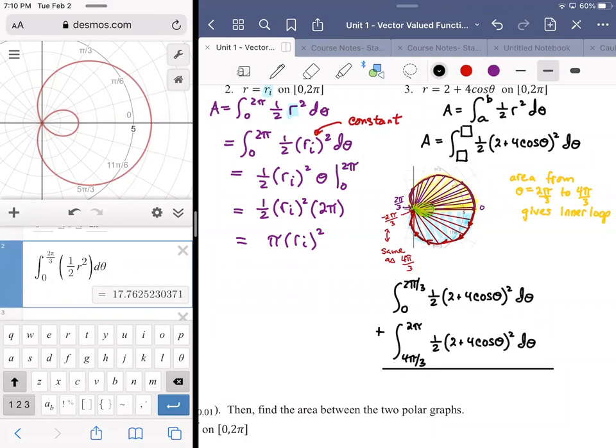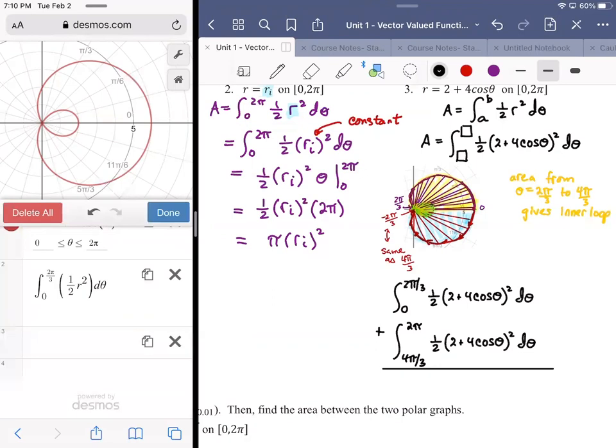It'll spit out that value for me, which is good news. Now, if you recognize the symmetry of it, you realize that you don't really have to do the second computation. You just double this one.